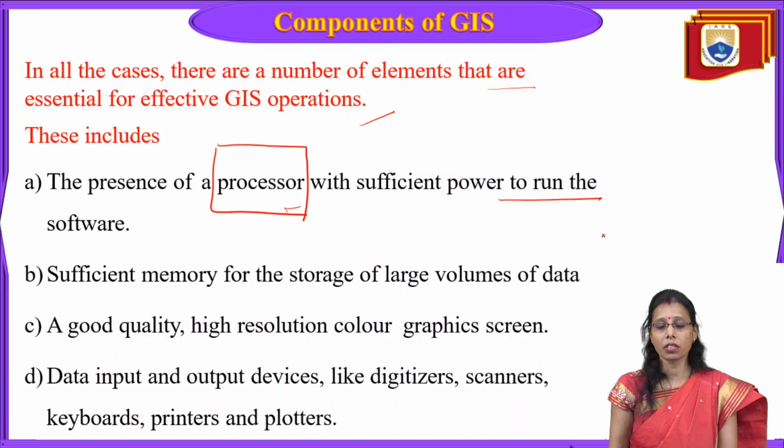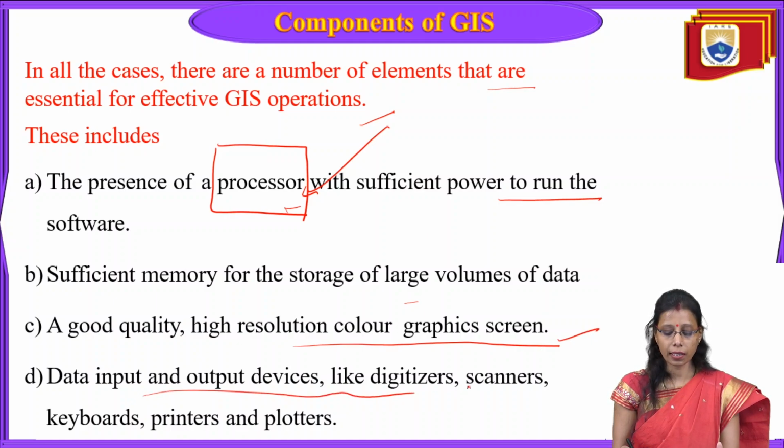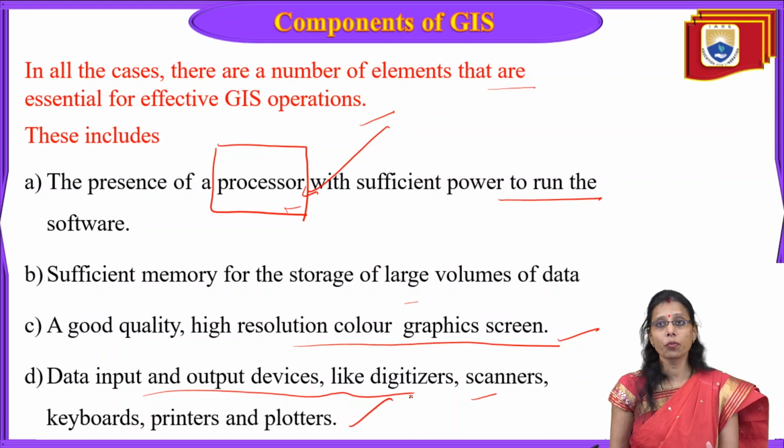Then we need sufficient memory for the storage of large volumes of data, and a good quality high resolution color graphics screen. Data input output devices like digitizers, scanners, keyboards, printers and plotters should be included to run a GIS setup.